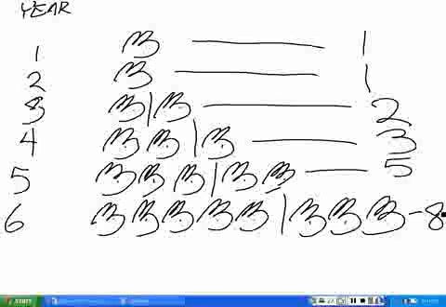So let's try to figure out what's going on here. Can we figure out a formula so I don't have to keep drawing all these bunnies? And yes, what I notice is the number of baby bunnies in each year is going to be equal to the number of mature bunnies from the year before. So the total number of bunnies are going to be the babies from the previous year that grow up, together with the mature bunnies from the previous year that are still around, together with the new offspring from the mature bunnies.